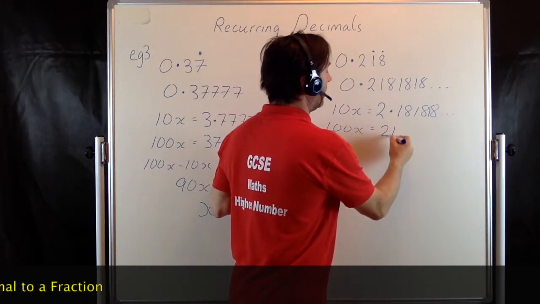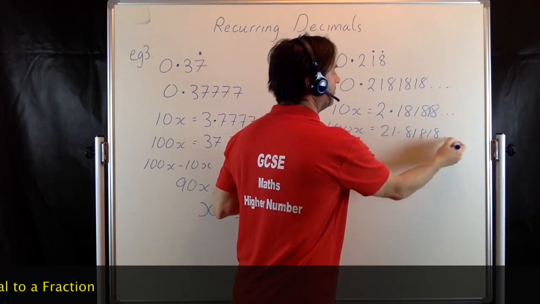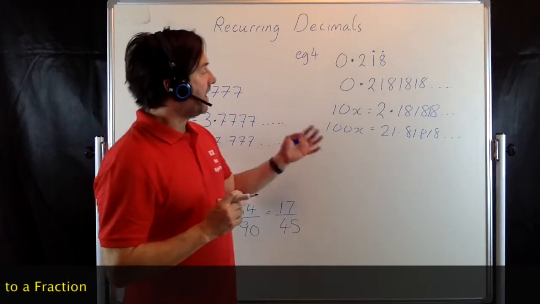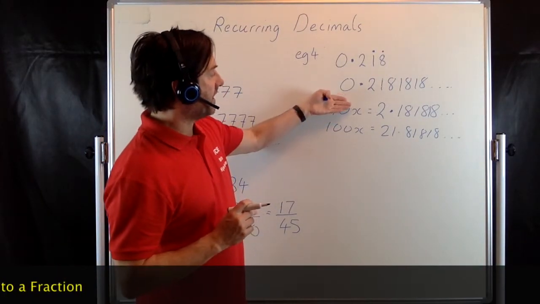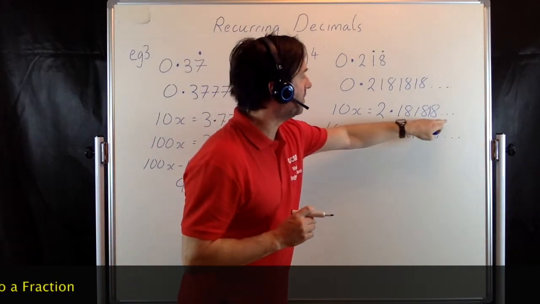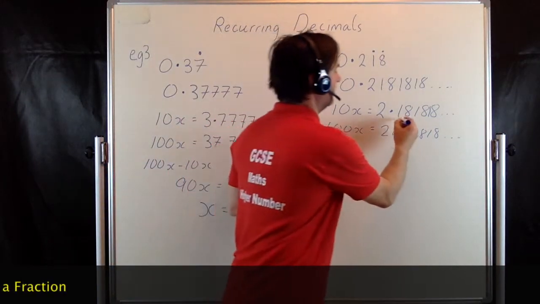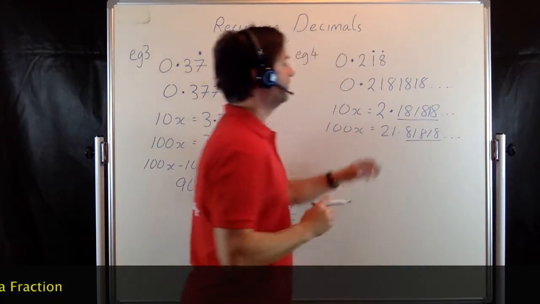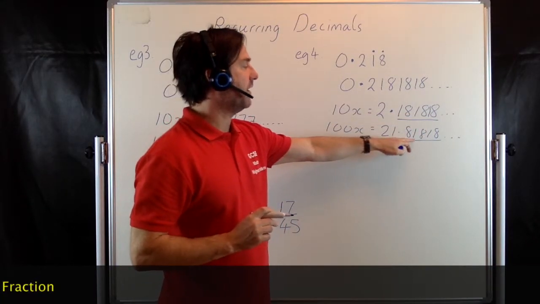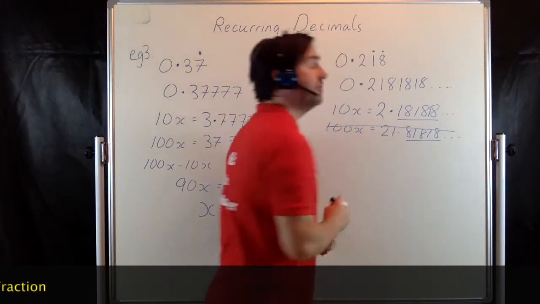So I get 21.81818 recurring. Now you'll see we've got a slight problem here, because I can't take the 10x away from the 100x now, because the numbers after the decimal point are different. We've got 0.181818, but on this one we've got 0.818181. So we can't multiply this by 100.